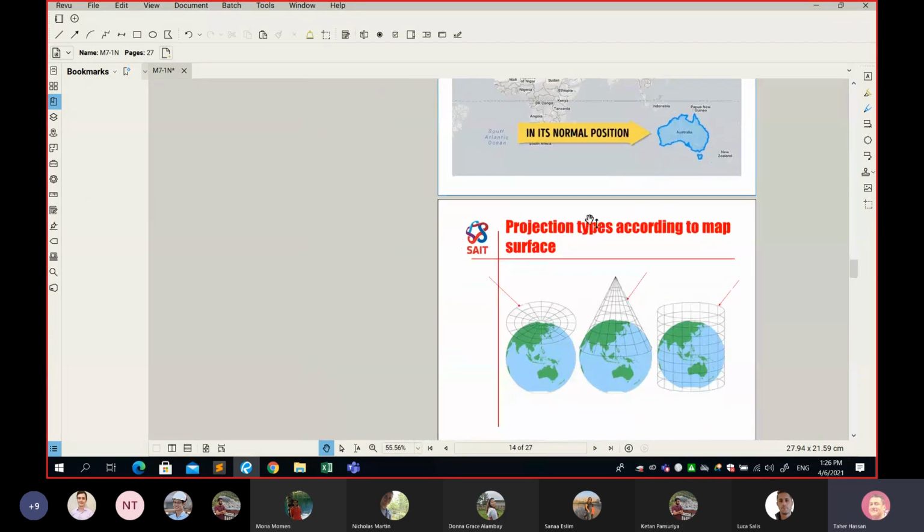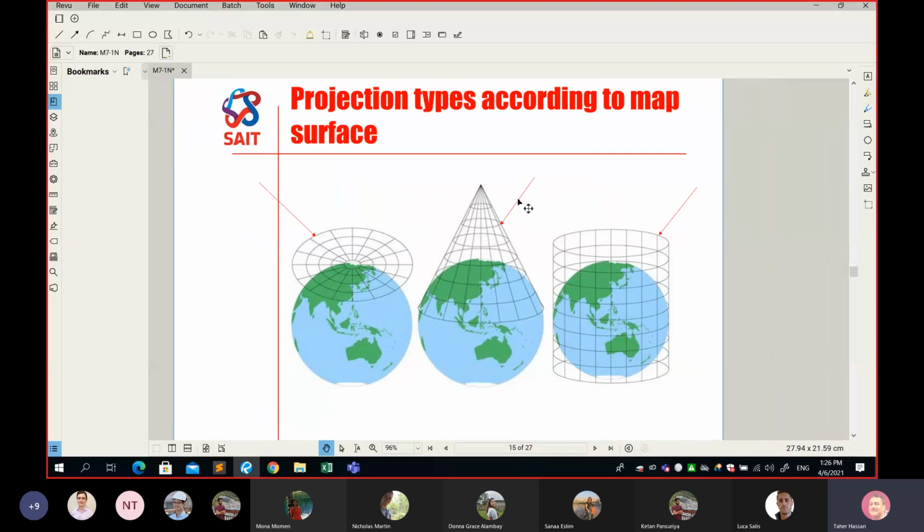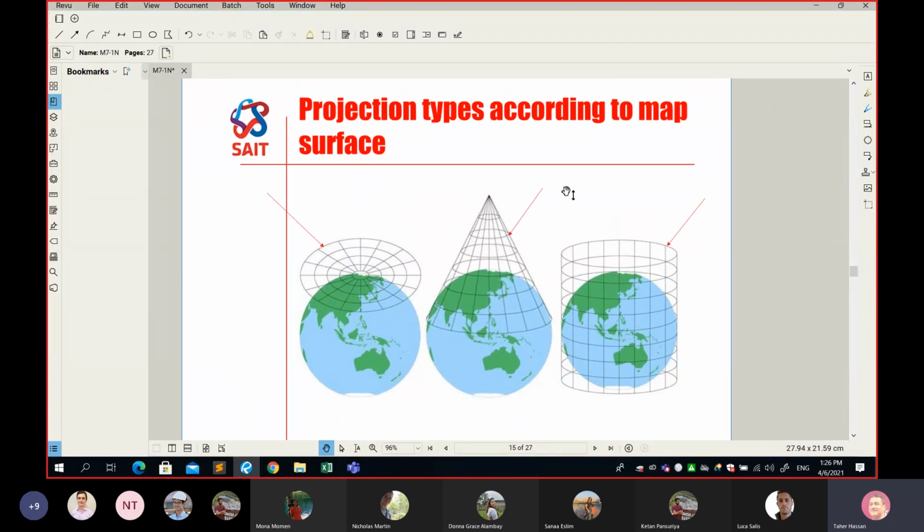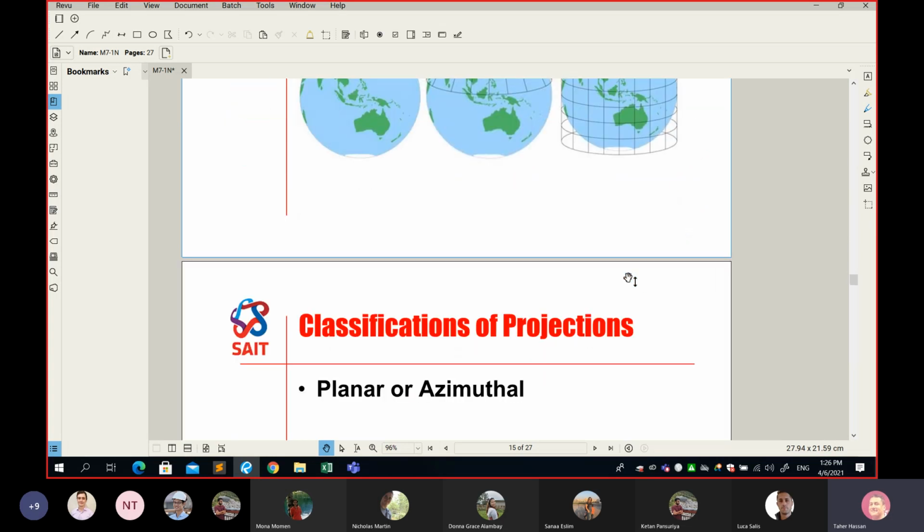The number of projection systems is really so many. Based on this discussion, we have planar projection, conical projection, and cylindrical projection. So we have a major classification of projection depending on the map surface: planar, conical, cylindrical.